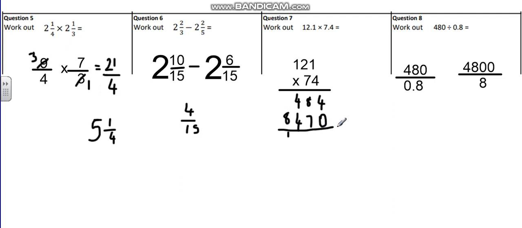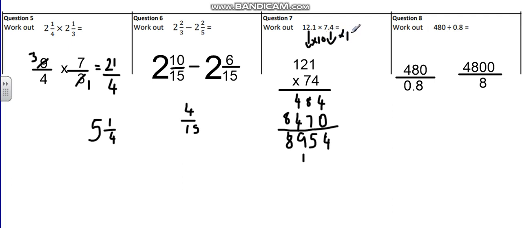And then we're going to add, so we've got 4, 8 and 7 is 15, so 5 carry 1. 4 and 4 and 1 is 9, and 8 goes there. So we get 8,954. But I need to remember that I multiplied this number by 10, and I multiplied this number by 10.